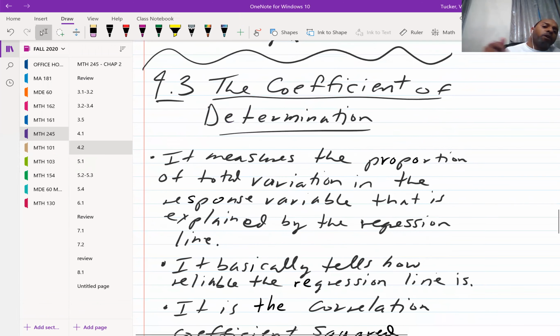All right. So 4.3, the coefficient of determination. It measures the proportion of total variation in the response variable that is explained by the regression line. So it basically tells how reliable the regression line is, and it's the correlation coefficient squared.